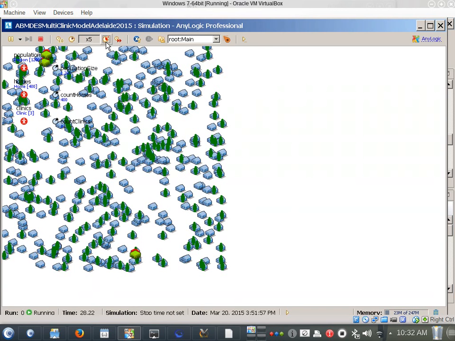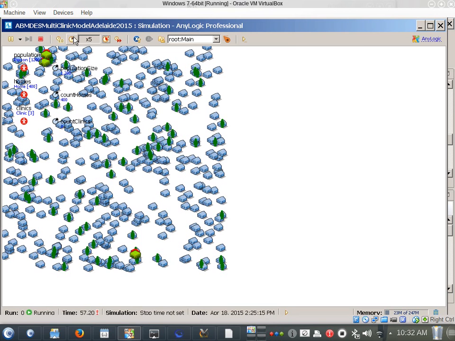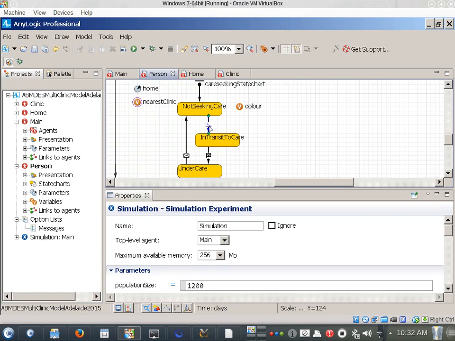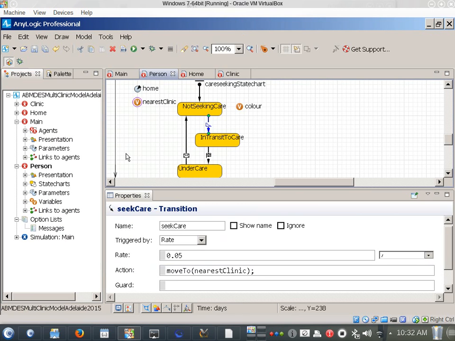Okay, they're moving. In mine, they're moving awfully quick. In yours, are they moving slowly? No, same thing. Okay, that's an interesting thing.